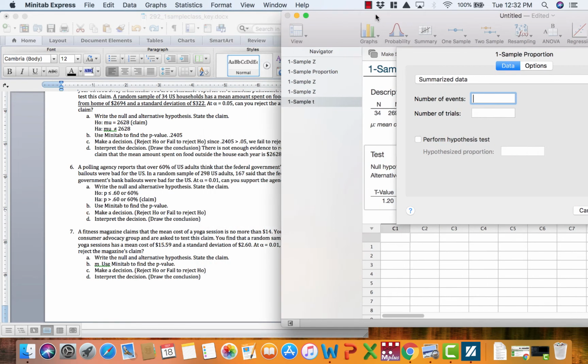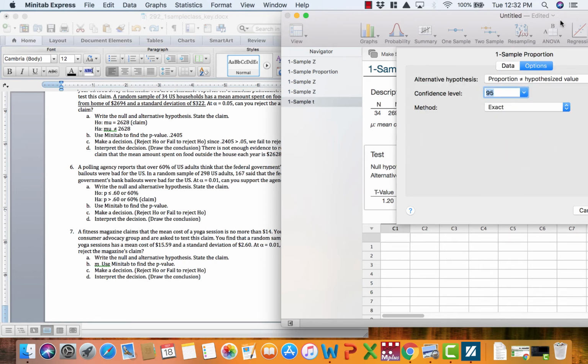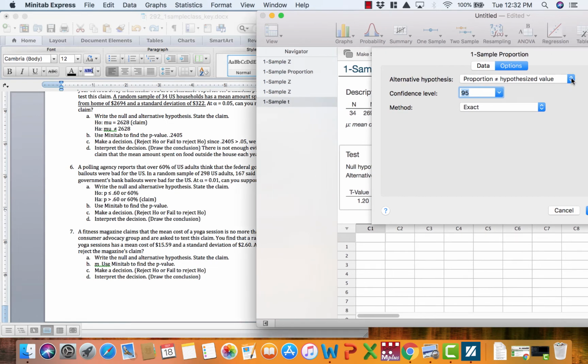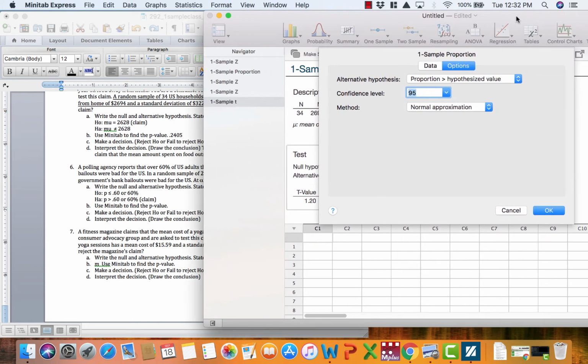So what are our numbers here? We have 167 who say they're bad out of 298. We want to perform a hypothesis test on 0.60. And under options, we need to change our alternative to greater than, and we need to change our method to normal approximation. Again, we can ignore confidence level.